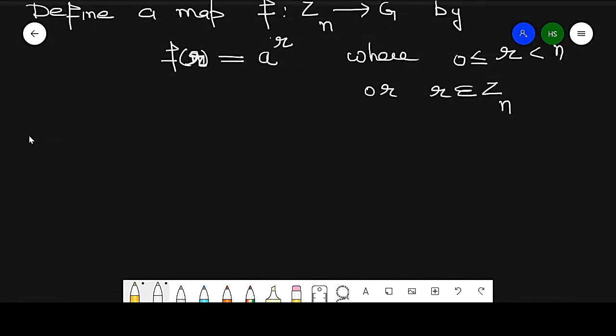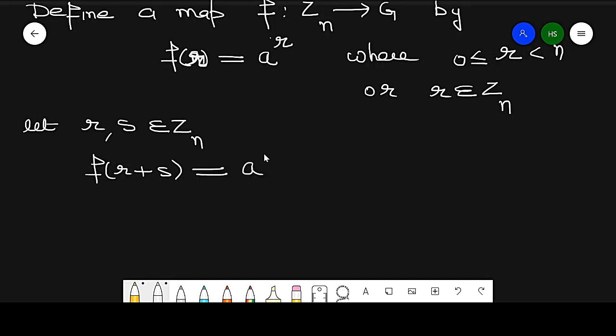So to prove it is a homomorphism, I take two integers r and s belonging to Zn. So what is f of r plus s? This value is equal to a raised to power r plus s, which is a raised to power r times a raised to power s.